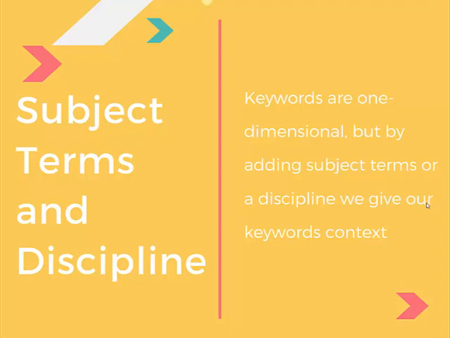She was researching women administrators in K-12 schools. She and I sat down and we came up with a couple of different keywords. I think we had women and administration or leadership and K-12 or secondary, something along those lines.